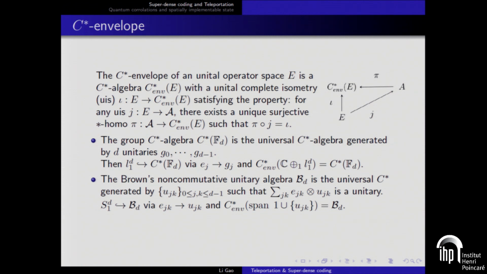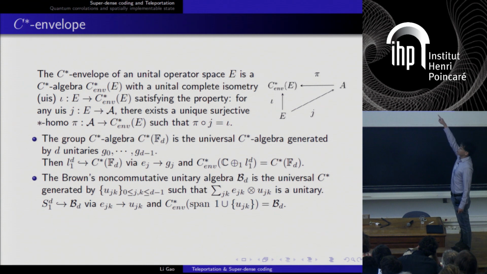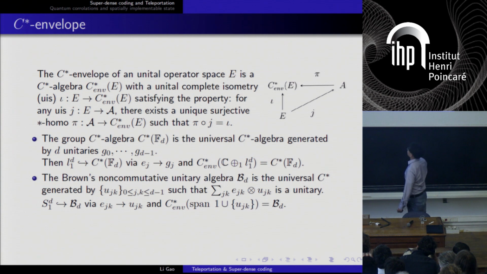It has been observed that this L1 D space embeds in this C-star algebra completely isometrically in a natural way. You just send the basis vector to the generator. And if you take the natural unitization by this direct sum, then the C-star envelope of that is exactly the C-star algebra of the free group of D generators.